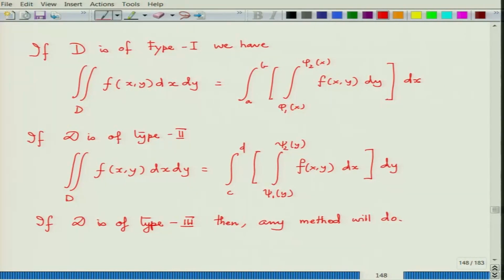So, let us look at a case where the region is actually of both types. For this example computation, let us first use the black pen. Doing math in black is pretty interesting. So, find this integral.